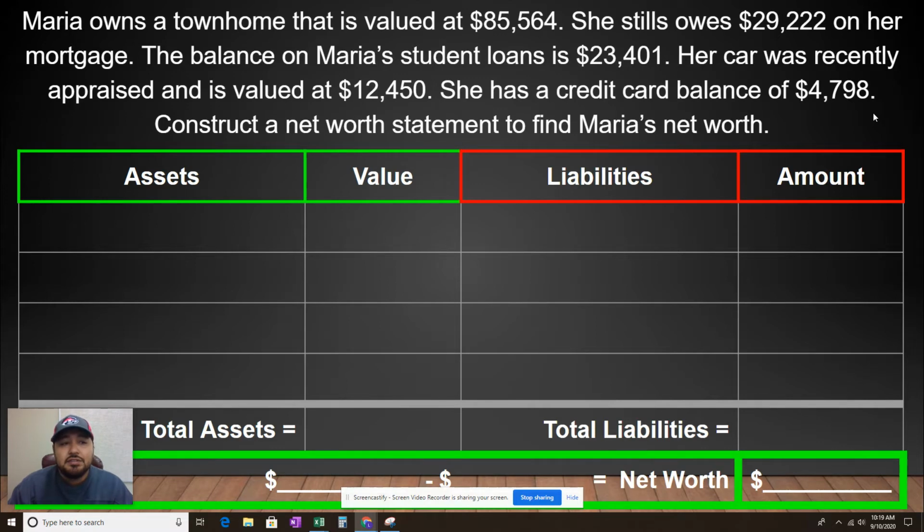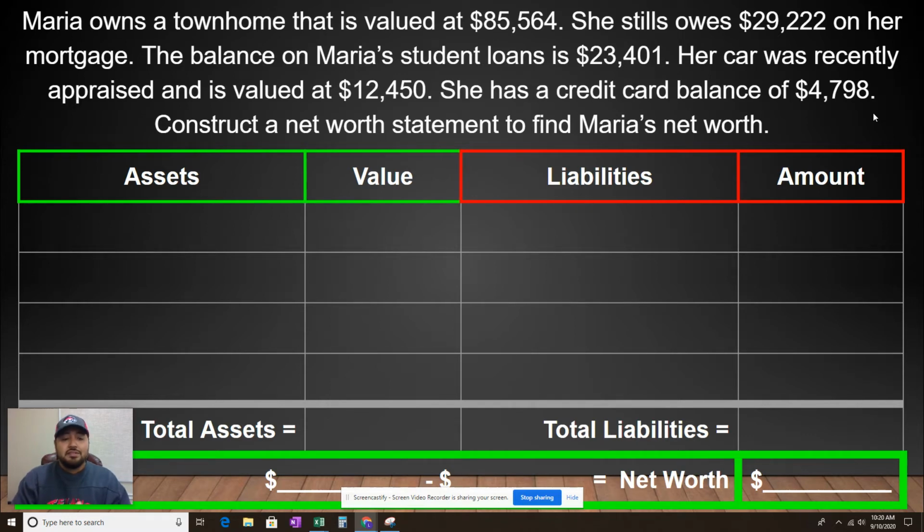The balance on Maria's student loans is $23,401. Her car was recently appraised and is valued at $12,450, and she has a credit card balance of $4,798. Construct a net worth statement to find Maria's net worth.